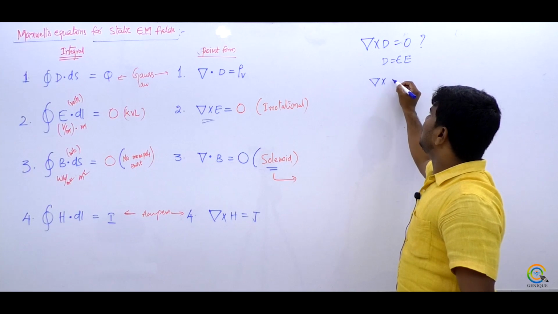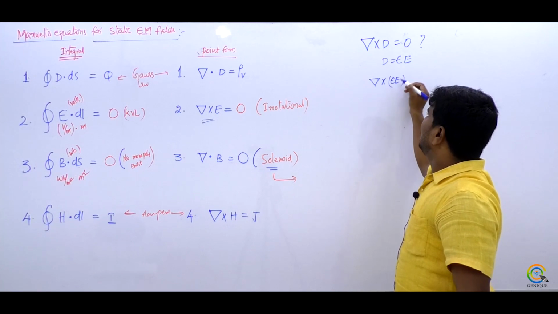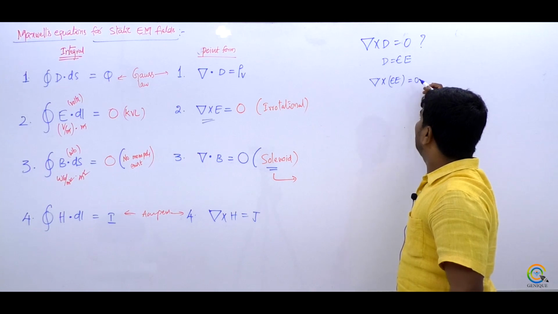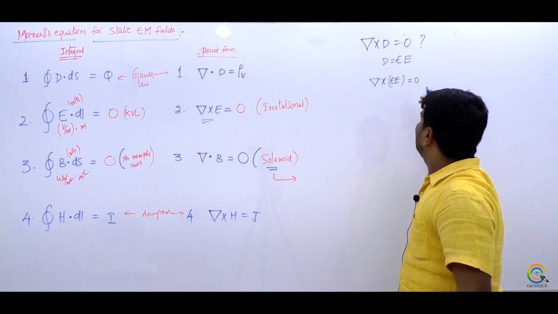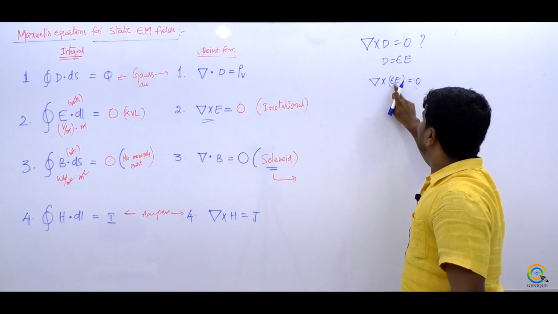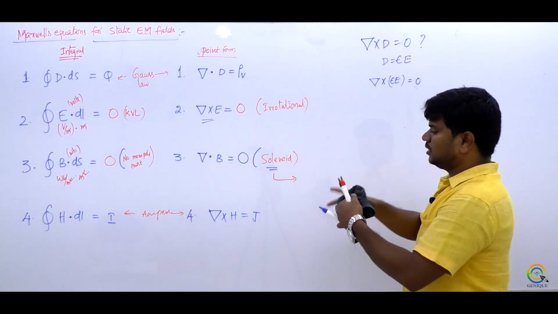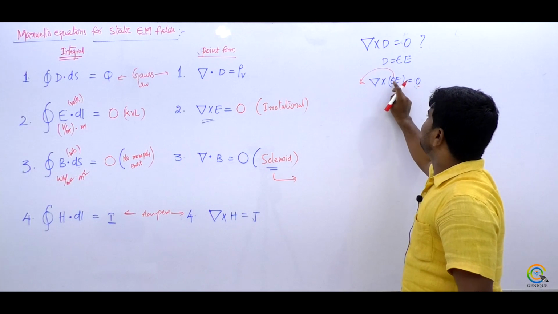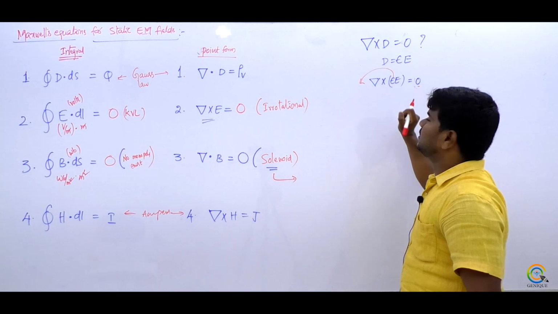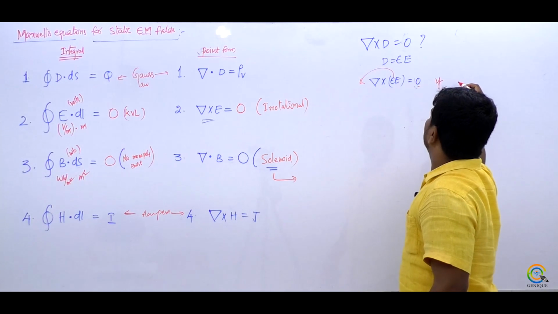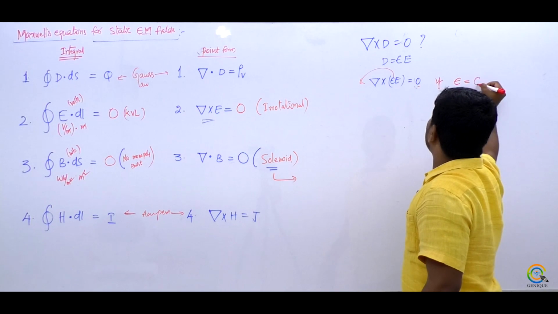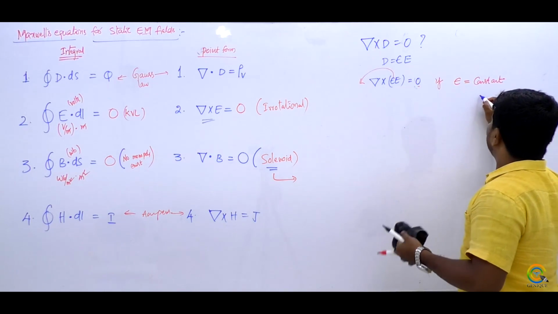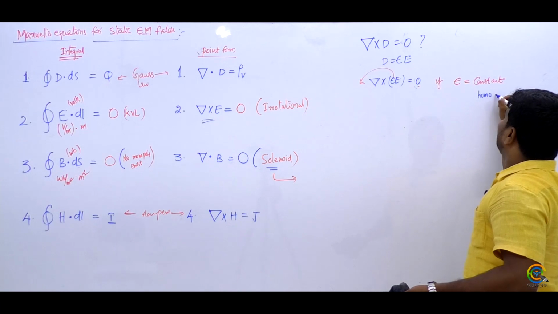So del cross epsilon E will be 0, because epsilon into del cross E is 0, if epsilon is constant. Epsilon constant means it is a homogeneous medium.